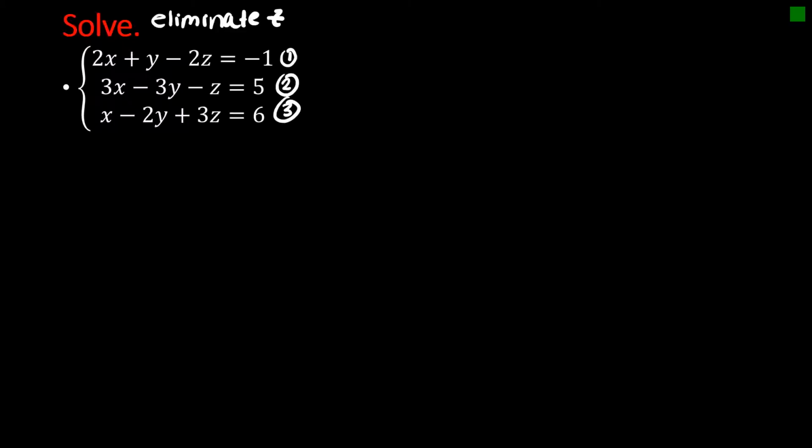So I need to multiply that second equation by negative 2. So I'm going to have equation 1 plus a negative 2 times equation 2. So equation 1 will not change.